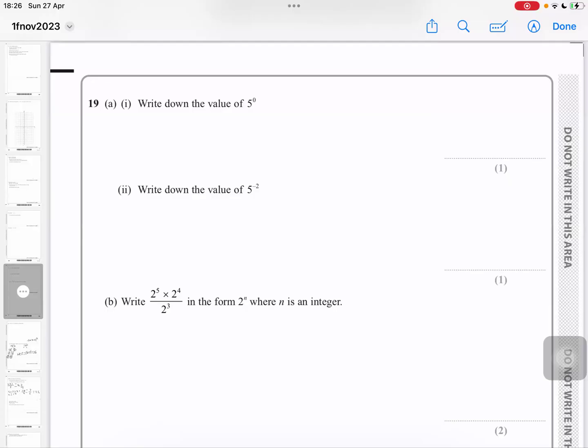So 5 raised to power minus 2 is as good as 1 divided by 5 raised to power 2. And we know that 5 raised to power 2 is 25, isn't it? Yes. So 5 raised to power minus 2 is simply 1 divided by 25.